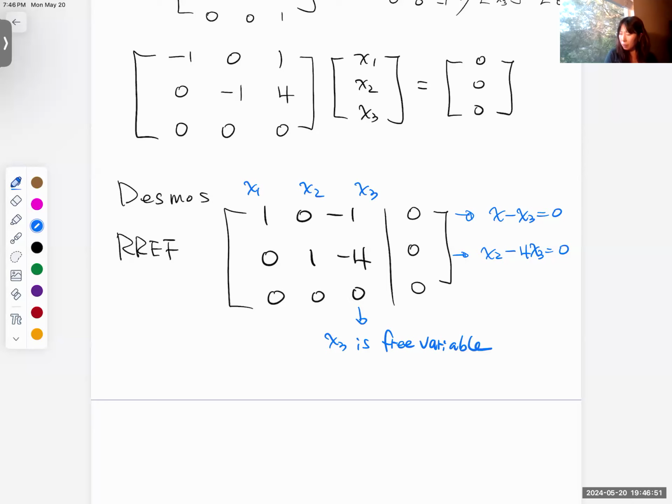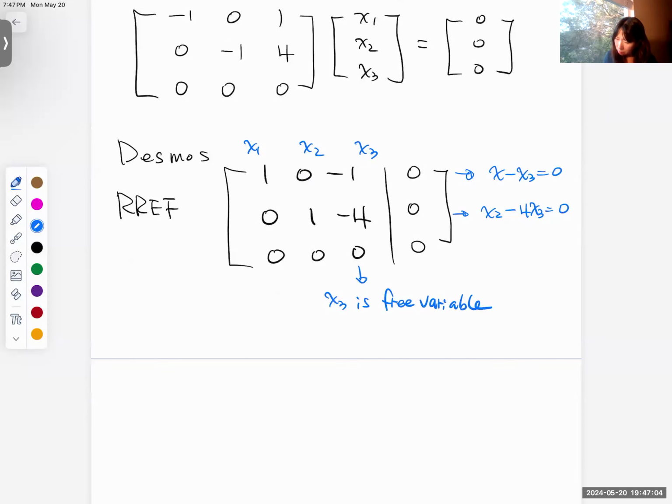Okay, we can set it to anything. So let's say x of 3 equal to 1, then what will x of 1 be?